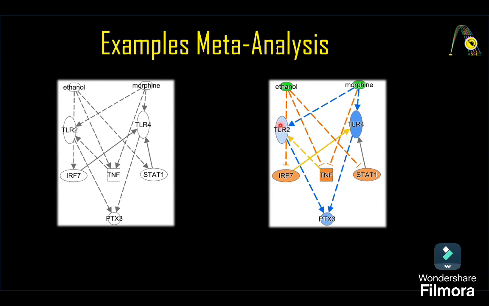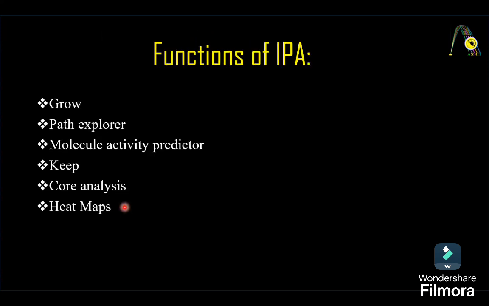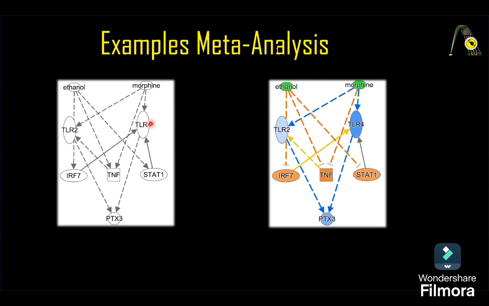The blue right here is predicted inhibition or decreased quantities. The red is predicted activation or increased quantities, right? That is the molecule activity predictor right here. I used that to predict what effect ethanol and morphine might have on modulating pentraxin 3.